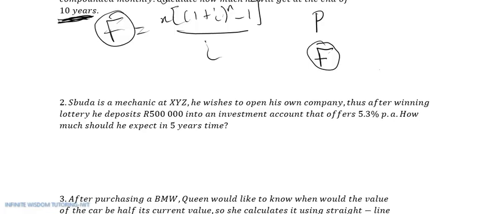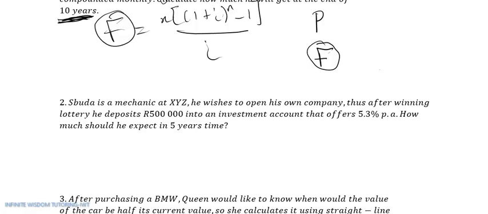How much should he expect in 5 years? So first we check, is this a continuing payment or a once-off payment? So it becomes once-off. Reason being, he paid 500,000 and he did not receive anything before 5 years, and he did not pay anything else before the 5 years ended. So he paid only once. That means we are going to use the once-off equations.